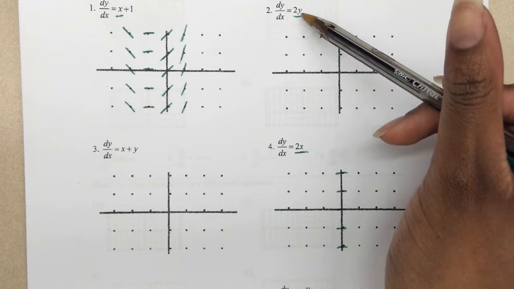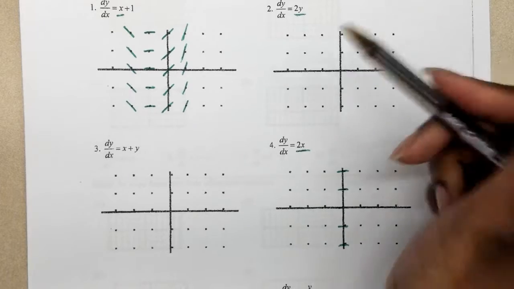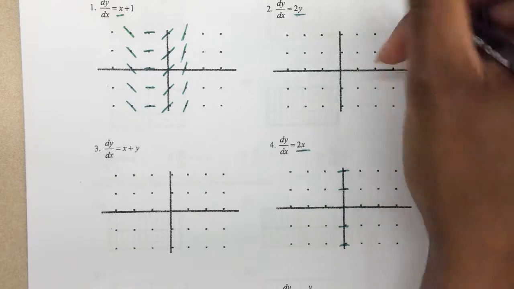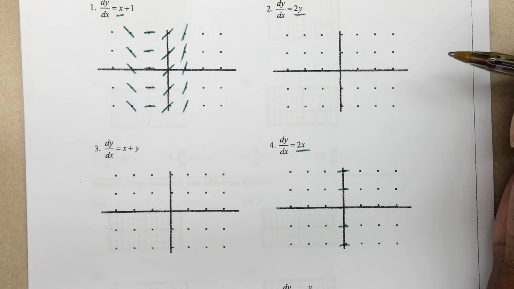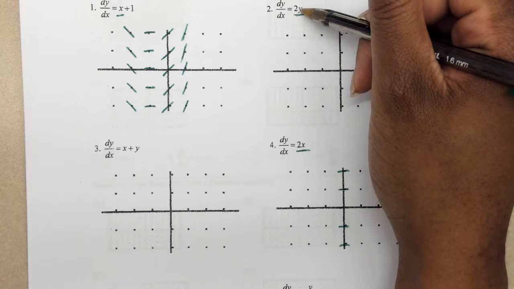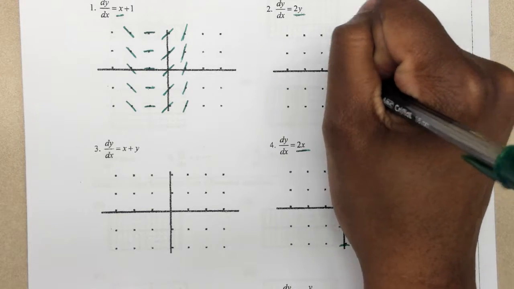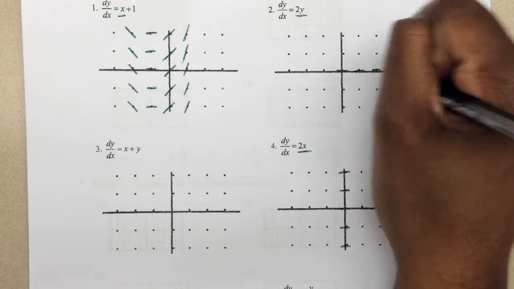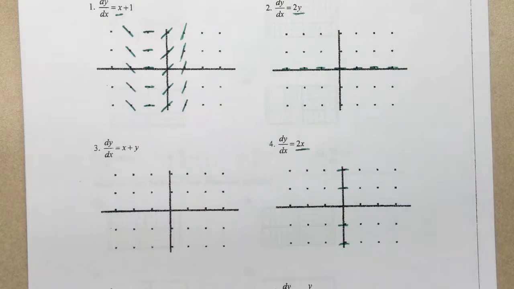So because they're all in terms of y, x is not going to affect the slope that we sketch with the tick marks. So when y is 0, our slope is 0. So we'll have horizontal lines all along the x-axis because y is 0 along the x-axis.